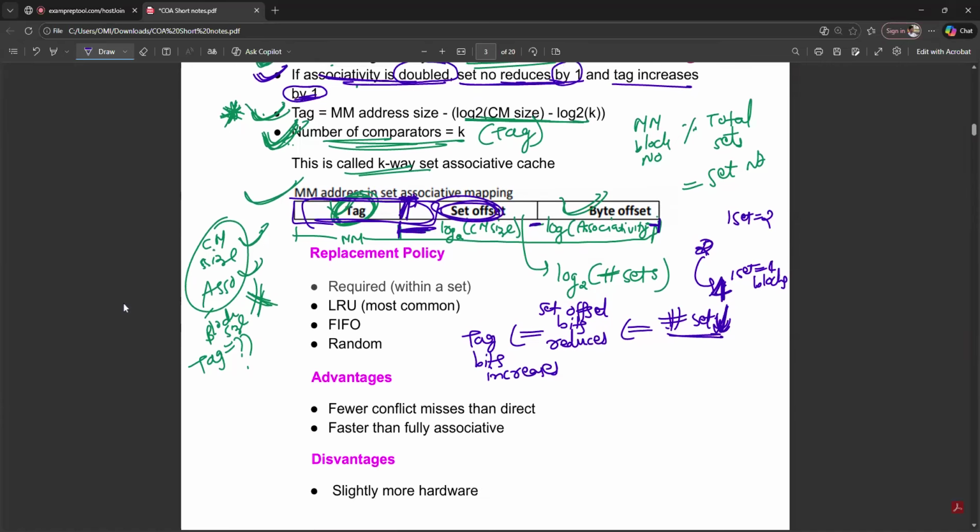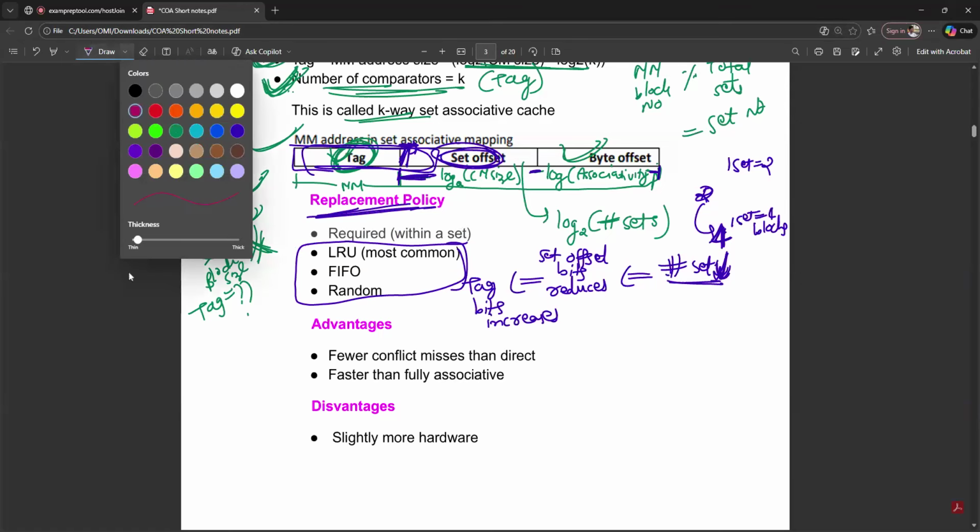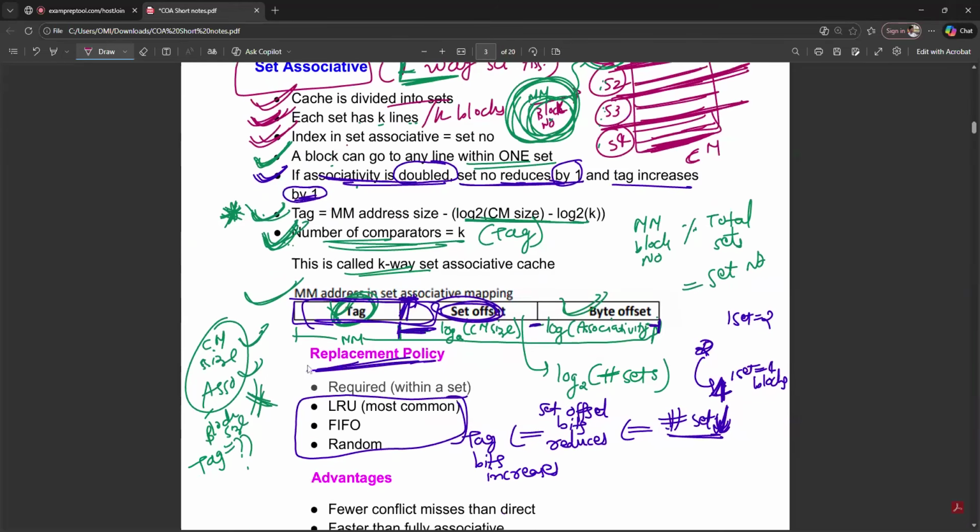Now replacement policy. These are the three replacement policies.